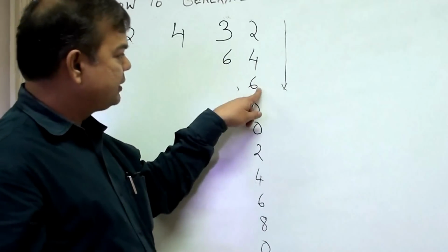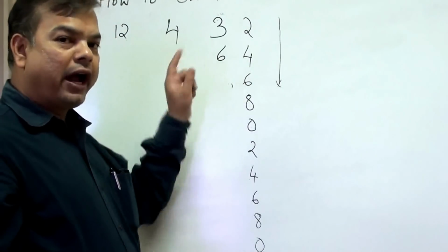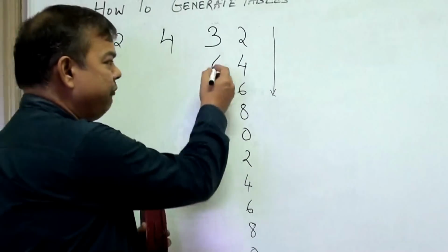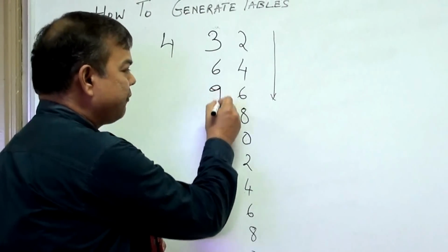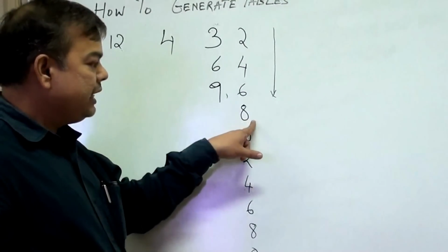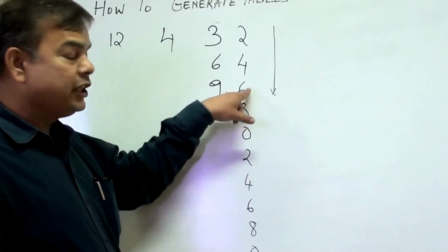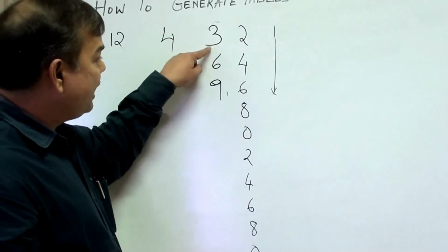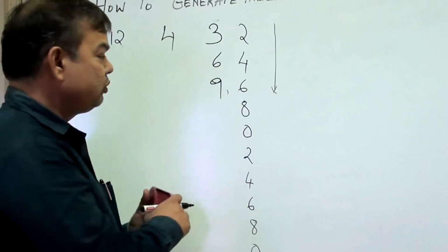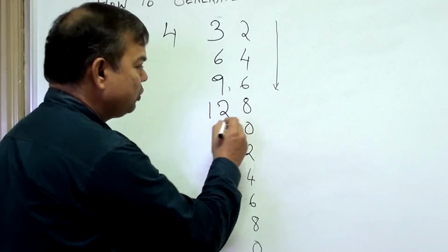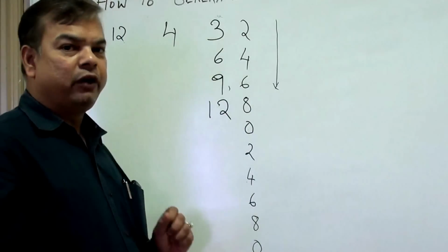Again you see 6 is more than 4, so again I will add 3 to the previous 6, so it becomes 9. Now I will see that for 32 fours, in this case 8 is more than 6, so again I will add the same 3 to this 9, so my answer will become 12. So 32 fours are 128.